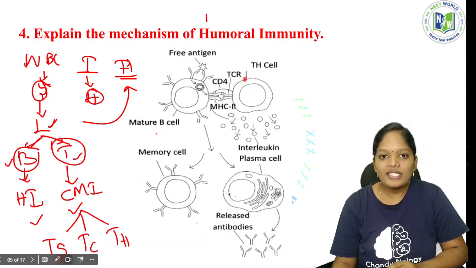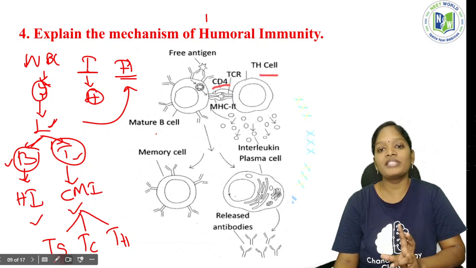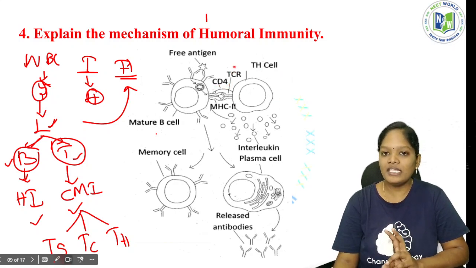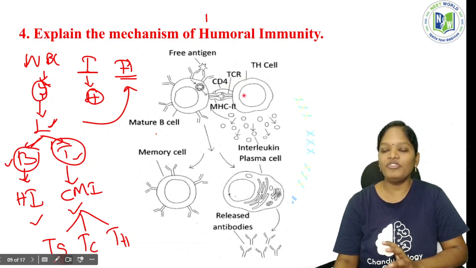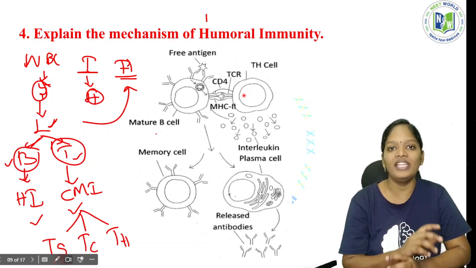The receptor present in the T cell is called the T cell receptor, and besides the TCR, they also have the CD4 marker, which is also present in the T helper cell. Because of this TCR and CD4, this T helper cell identifies the antigen, helping the B cell to identify the antigen.